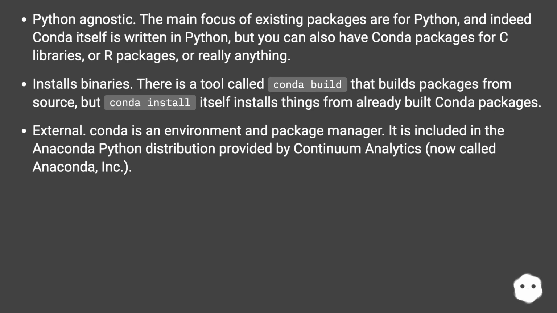The main focus of existing packages is for Python, and indeed Conda itself is written in Python, but you can also have Conda packages for C libraries, or R packages, or really anything. Installs binaries. There is a tool called conda build that builds packages from source, but conda install itself installs things from already built Conda packages.